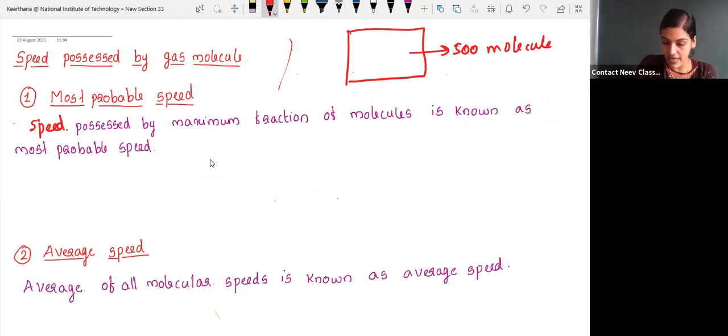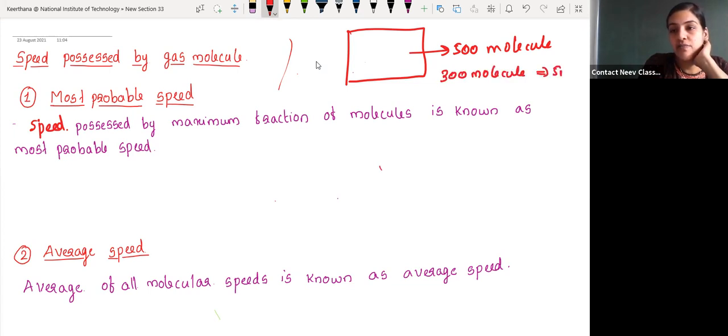It's just like if we have a container containing 500 molecules, among that 300 molecules have a particular velocity.